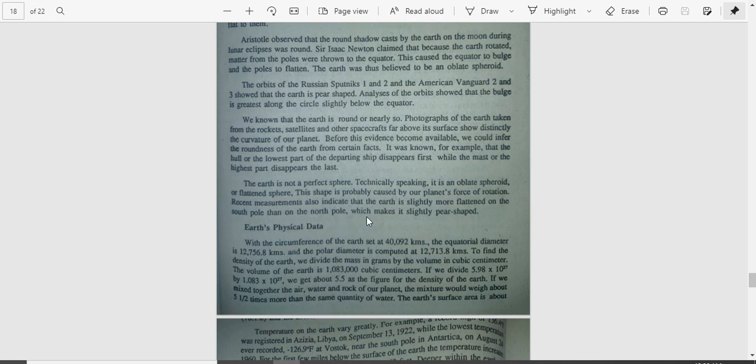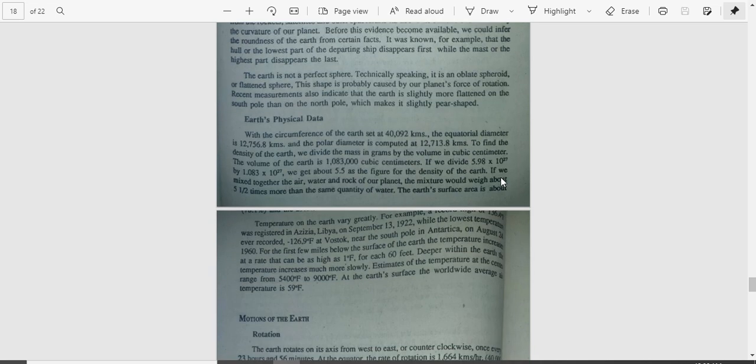Recent measurements also indicate that the Earth is slightly more flattened at the South Pole than at the North Pole, which makes it slightly pear-shaped. Now, for our Earth's physical data, the circumference of the Earth is set at 40,092 kilometers. The equatorial diameter is about 12,756.8 kilometers, and the polar diameter is computed to be 12,713.8 kilometers.